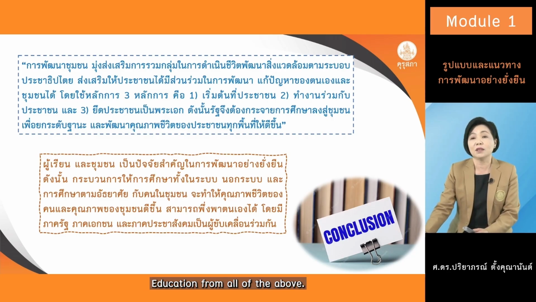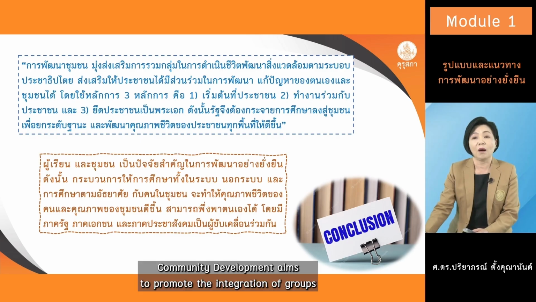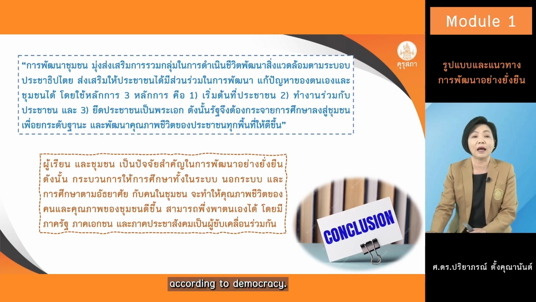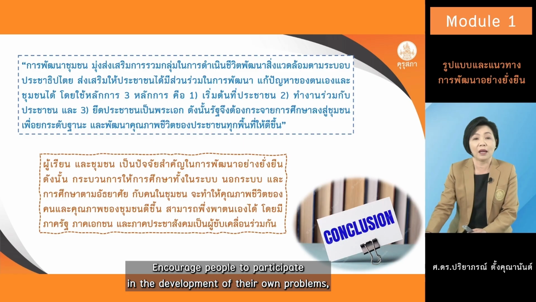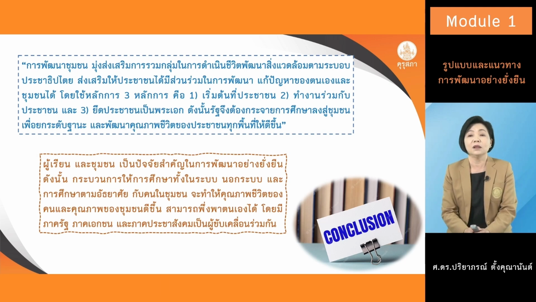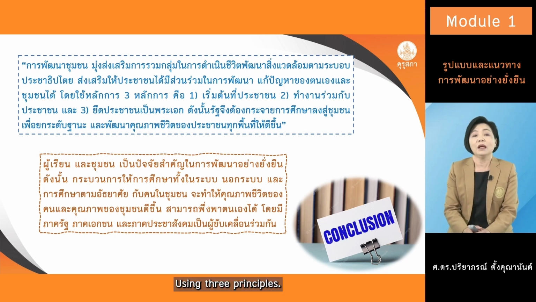From all of the above, community development aims to promote the integration of groups in living and developing the environment according to democracy, encourage people to participate in the development of their own problems and then solve the problems of the community using 3 principles.